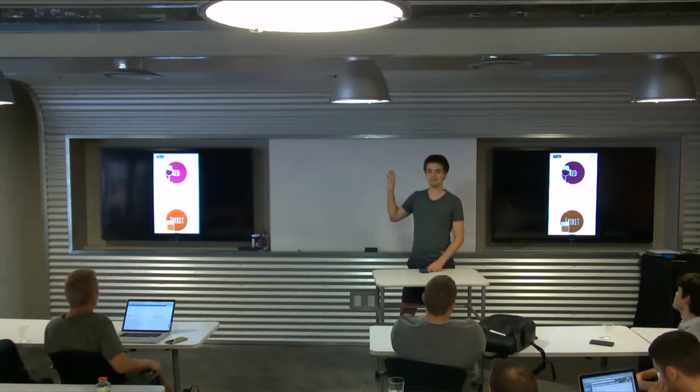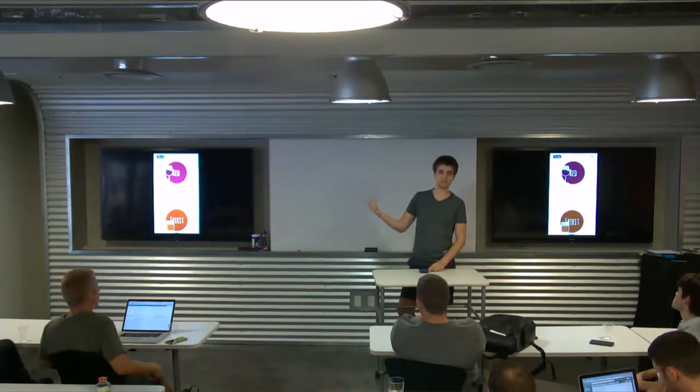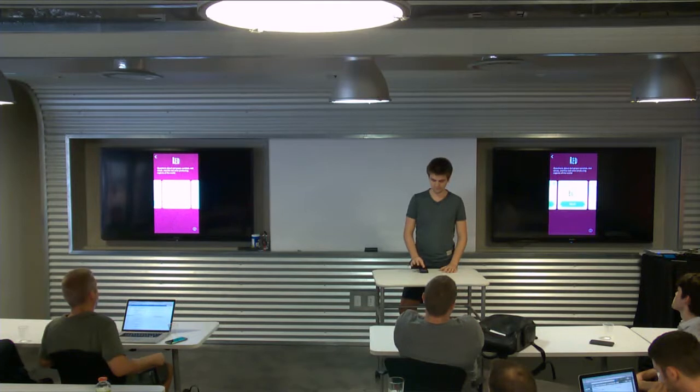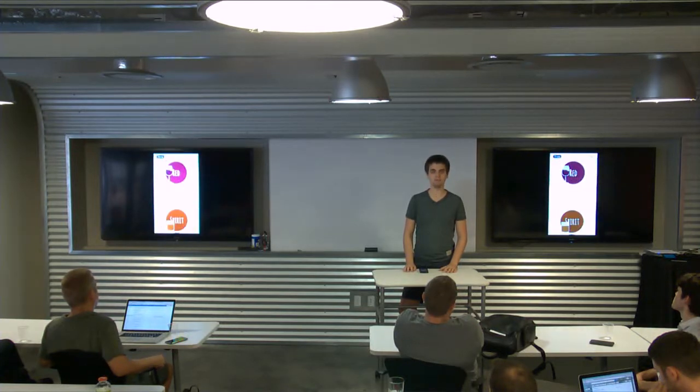Okay, so this is a collection view, and each one of those colored circles is actually a UICollectionViewCell, and when you click on them, it animates the bounds of the cell to go to full screen, and that's using Pop again, Facebook Pop.